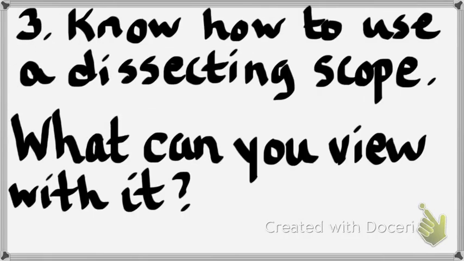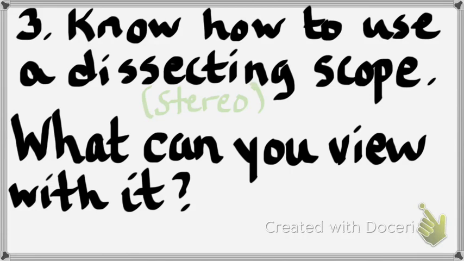Okay, know how to use a dissecting microscope. And a dissecting microscope is also called a stereoscope. So I would just ask you to be able to change its magnification or to focus it or change the light. What can you view with it?